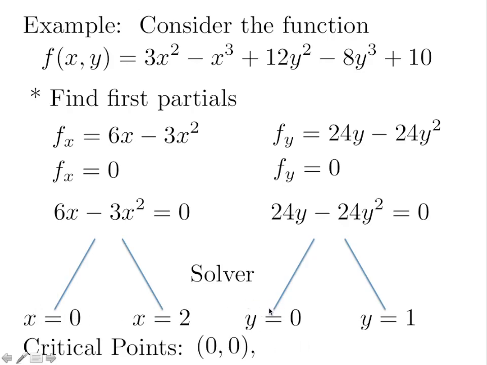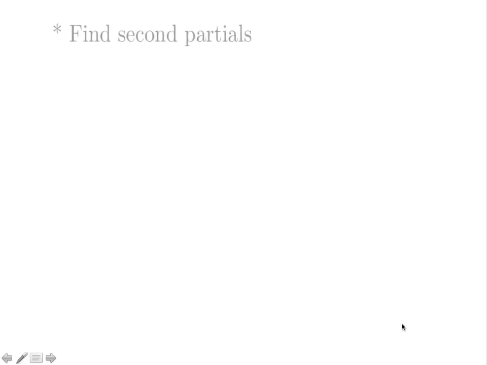The next critical point is (0,1), the combination of x equal to 0 and y equal to 1. The next is x equal to 2 and y equal to 0. And the last point is x equal to 2 and y equal to 1. Next, we're going to find the second partials because we're going to classify the critical points we just found.